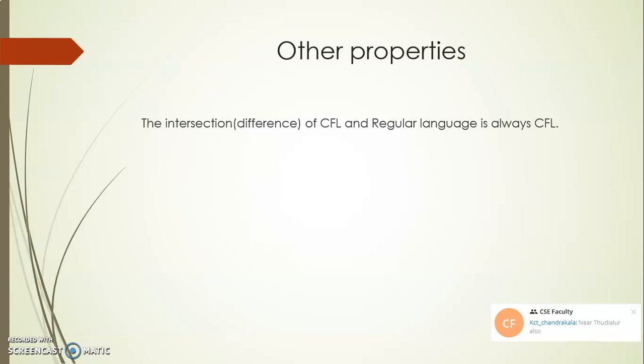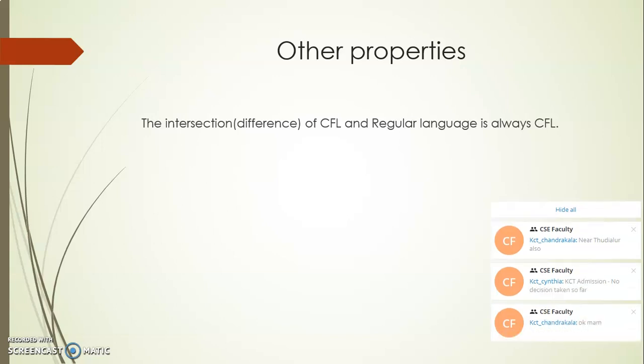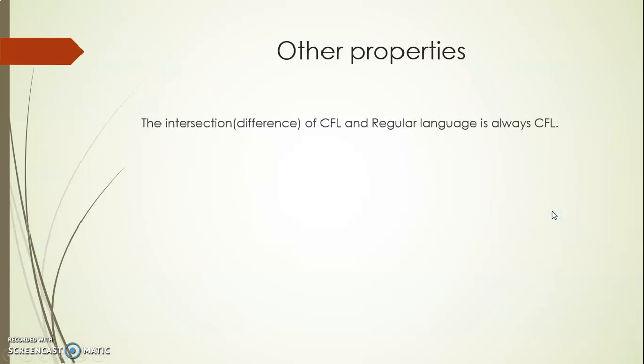With that, context-free grammar gets over. Then we saw the model called PDA, that is push-down automaton, and the language recognized by it. Here there are 2 types of languages: acceptance by empty stack, acceptance by final state, and so on. Then the conversions, the problems on PDA too: given a PDA, you have to find an equivalent context-free grammar, and given a context-free grammar, you have to find an equivalent PDA.